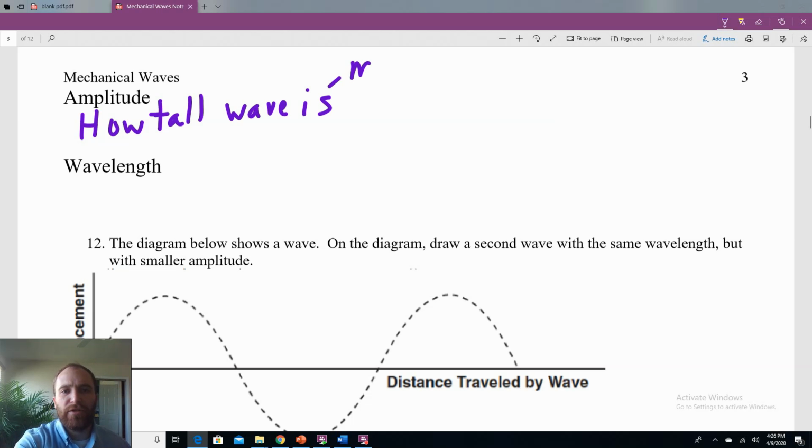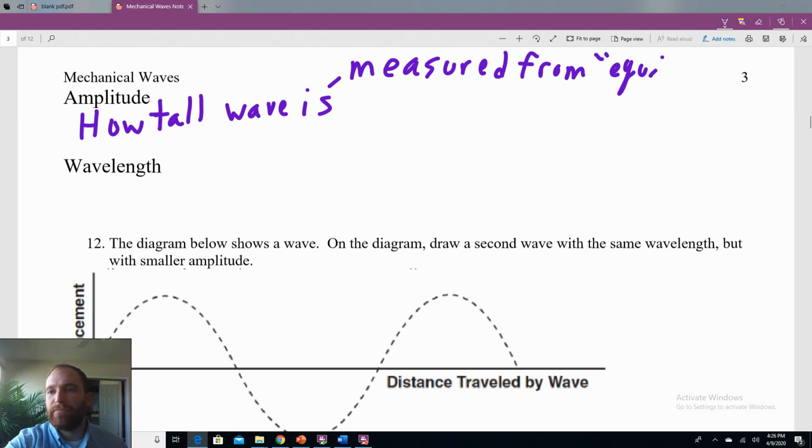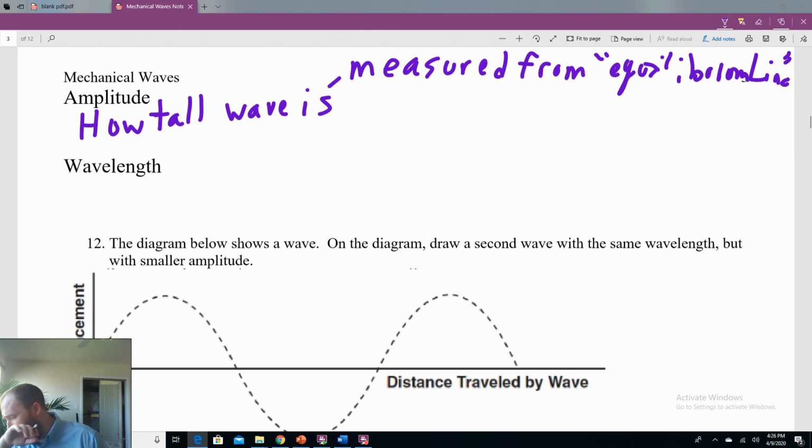It is measured from what we call the equilibrium line. I'll explain what that is in just a second. So it's how tall the wave is measured from that equilibrium line.